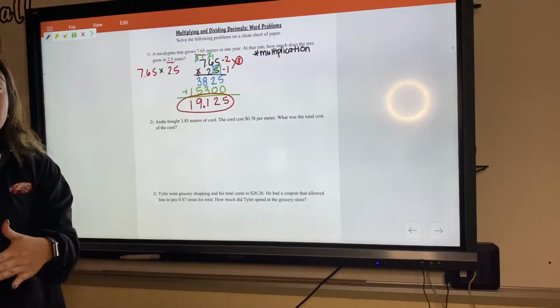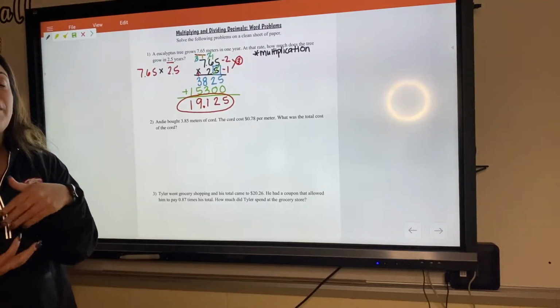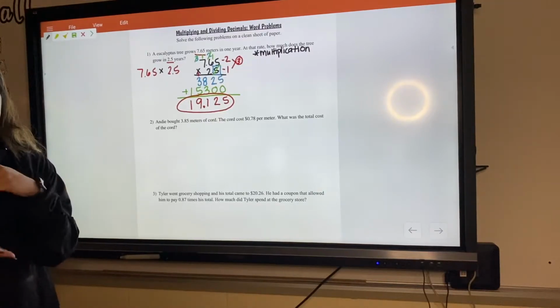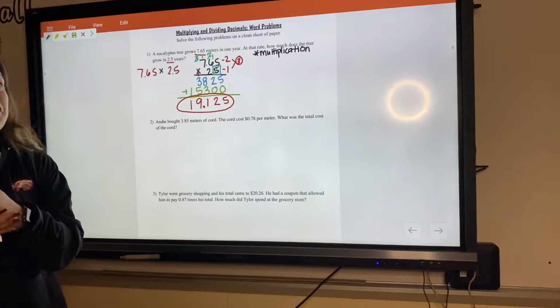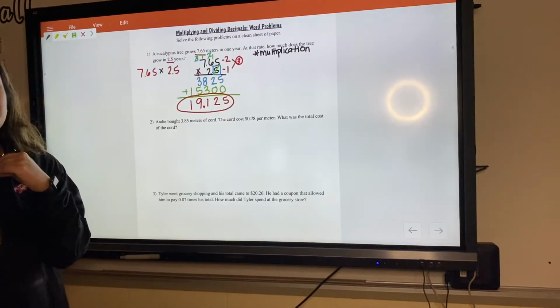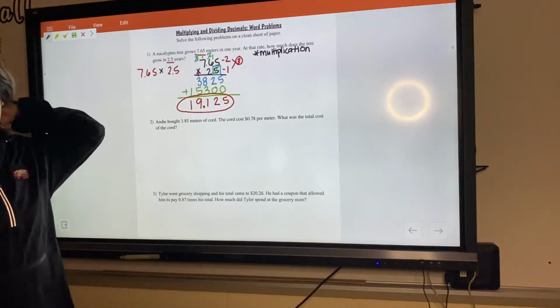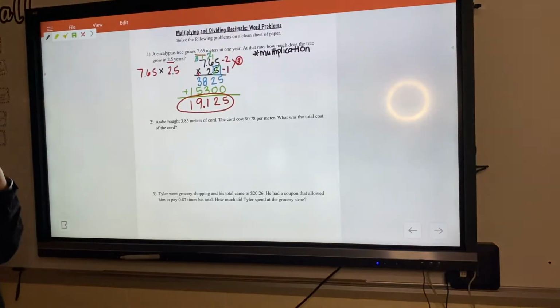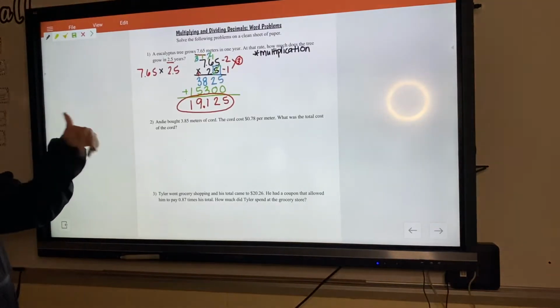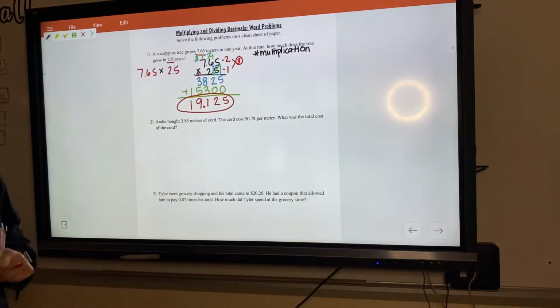Now, remember, when we're dealing with word problems, I want you to write your answer in a complete sentence. If you haven't noticed, I take a point off whenever you don't write your answer in a complete sentence on a test. So make sure you write your answer in a complete sentence. It doesn't have to be super detailed, it just has to be in a sentence, because it lets me know that you comprehend what the word problem is saying. So the question is, how much does the tree grow in 2.5 years?